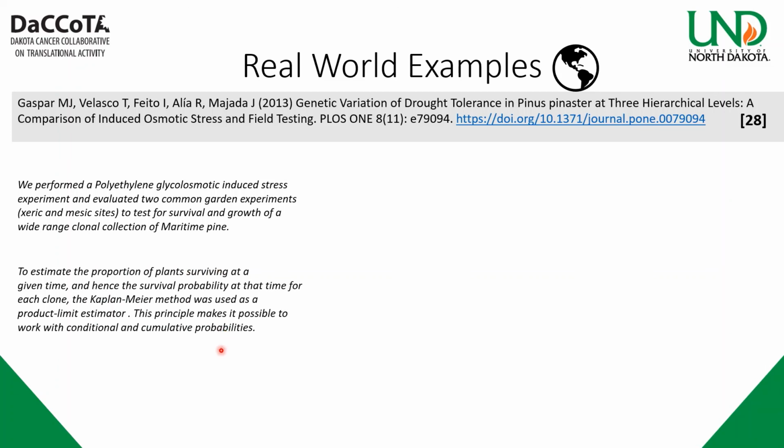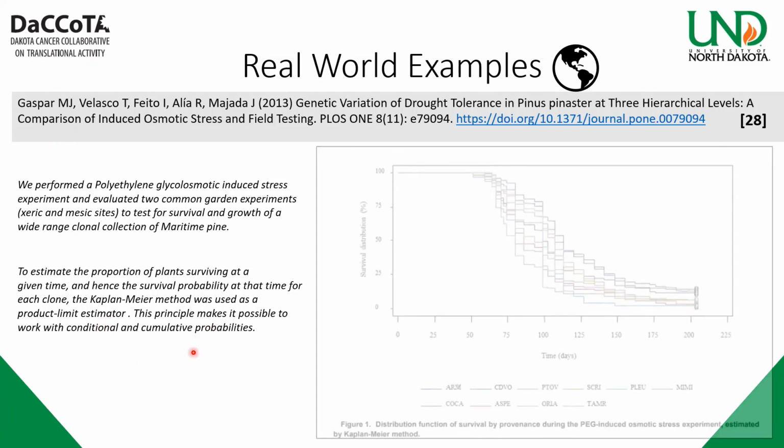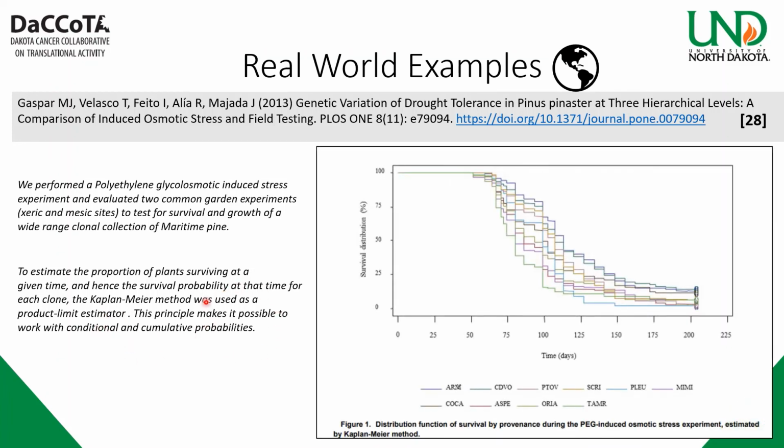So looking at survival probability, they used a Kaplan-Meier method, conditional probability. So this is conditional sort of survival. These are these different plantings, different clones or locations. You can see differential survival based on that.